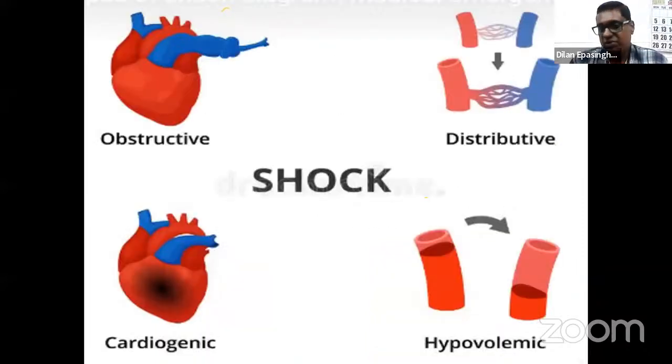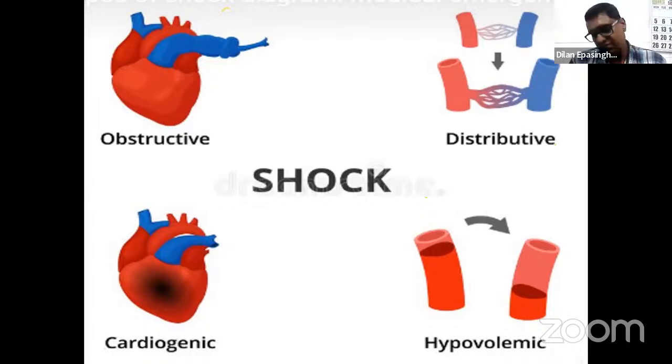So we know that there are 4 types of shock: obstructive shock, distributive shock, cardiogenic shock, and hypovolemic shock. What are the examples for obstructive shock? That is pneumothorax, hemothorax, sometimes cardiac tamponade. Distributive shock, the examples are septic shock, anaphylactic shock, sometimes spinal shock as well.